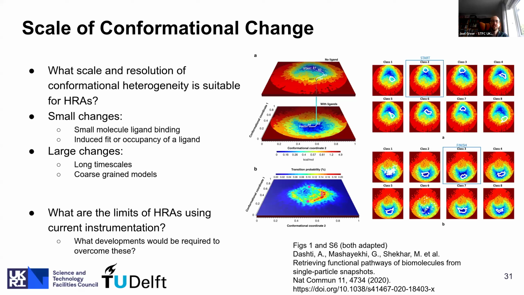We're also interested in longer timescale motion, whether that's from long atomistic MD simulations, or potentially even extending Roodmus to be able to deal with coarse graining or coarse-grained models.